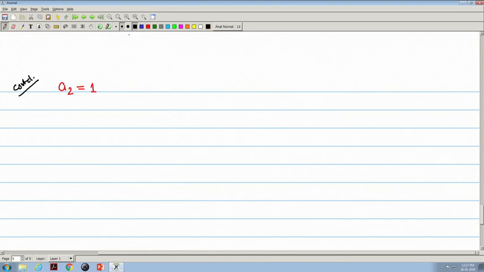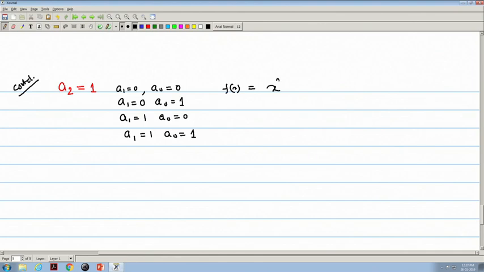I can write again all 4 values: a1 equal to 0, a0 equal to 0; a1 equal to 0, a0 equal to 1; a1 equal to 1, a0 equal to 0; a1 equal to 1 and a0 equal to 1. So, since a2 equal to 1, the x square term should always be there.